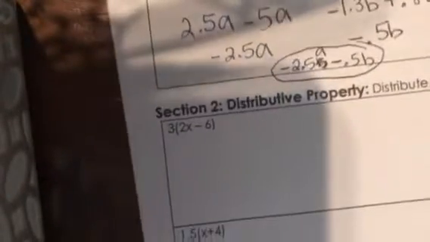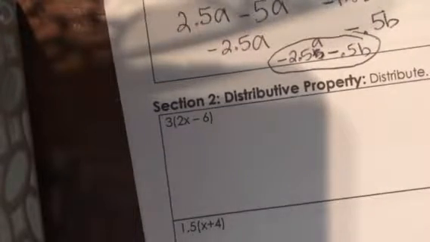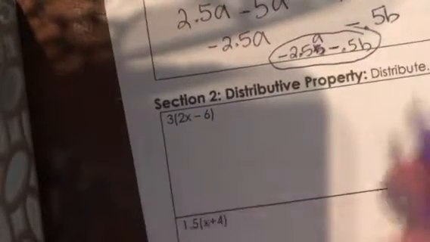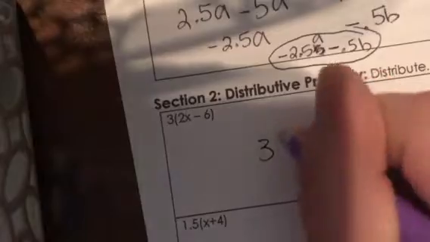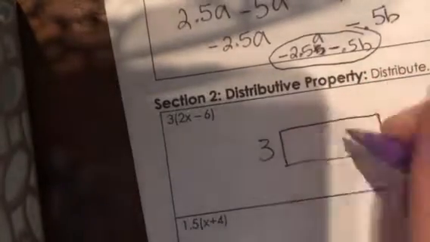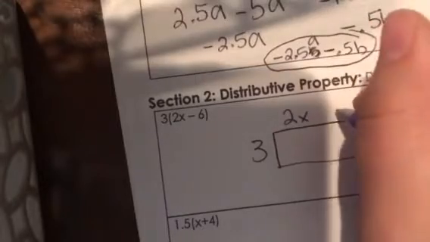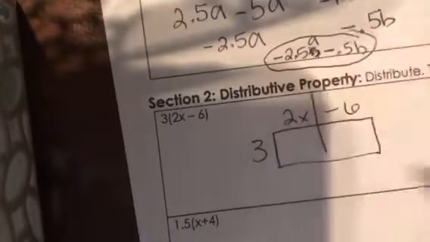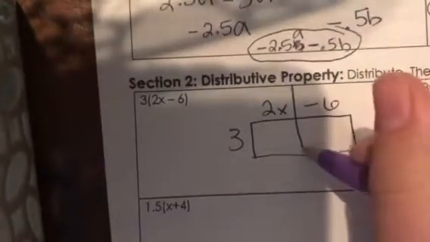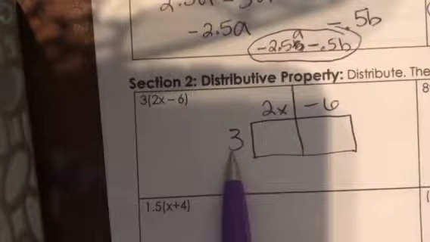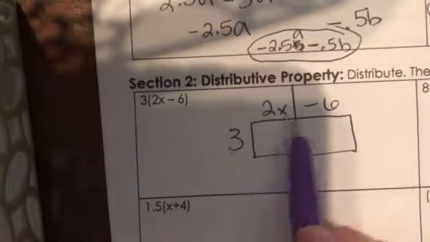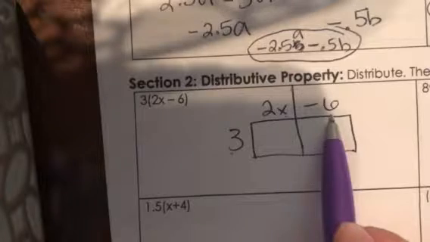Okay. For those of you who are struggling with distributive property, something like this, remember, you can use the area model, which many of you learned in elementary school for multiplying. So what you can do here is you kind of make a box. You're trying to multiply 3 times 2x minus 6.